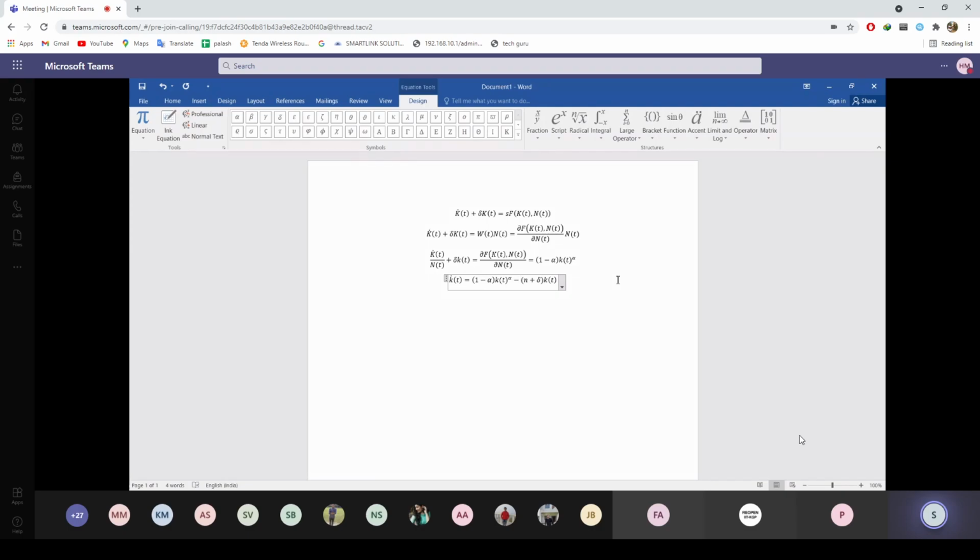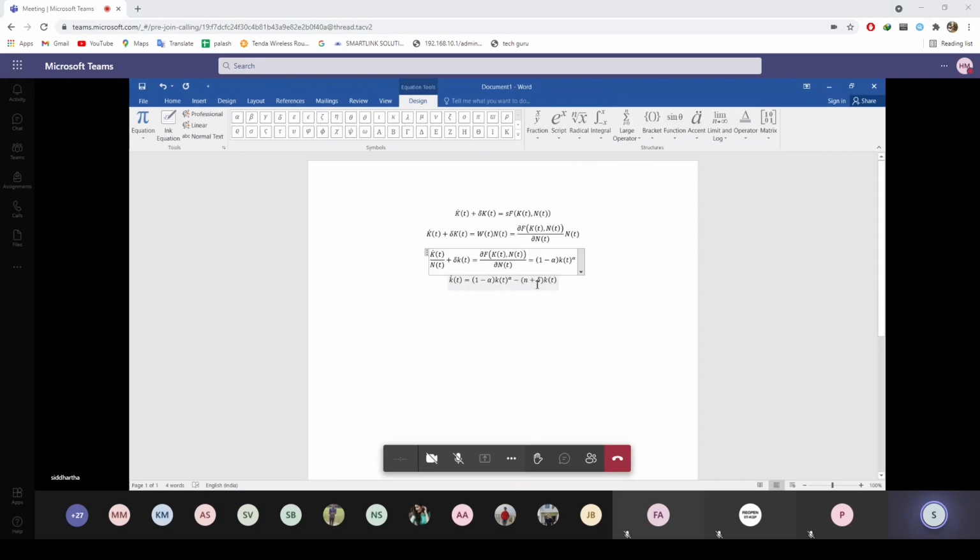If I say a particular fraction s of the labor income is saved, then this part will be multiplied by something s, and this part will be multiplied by something else. If the entire labor income is saved, that means small s equals to 1.